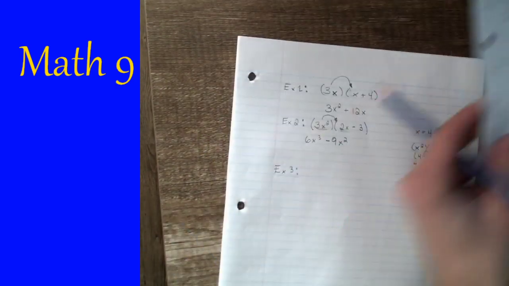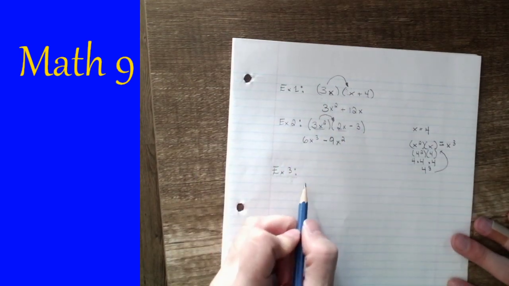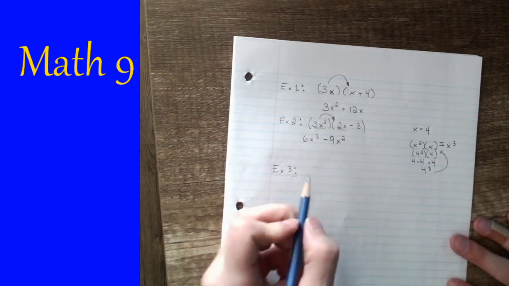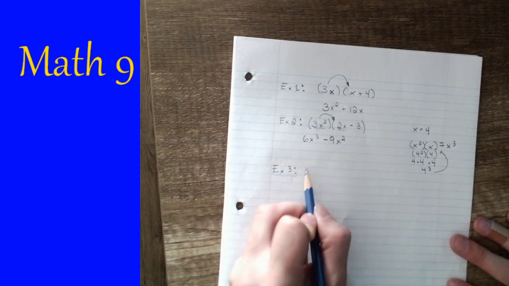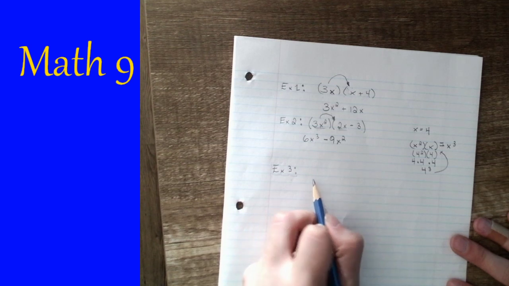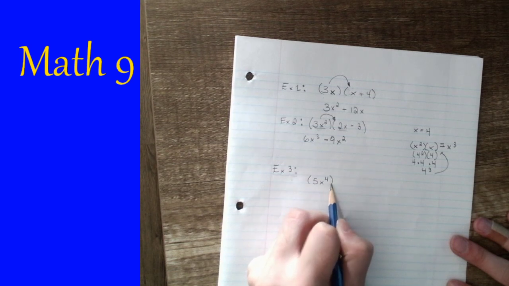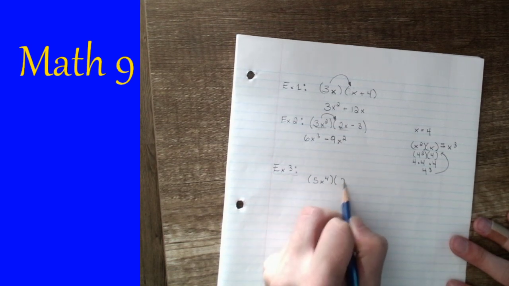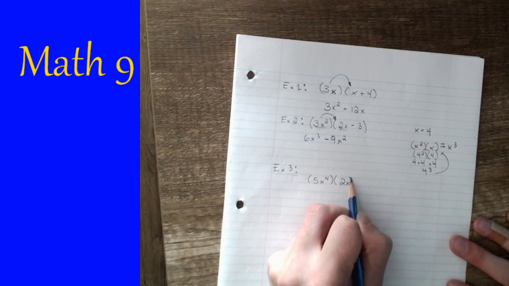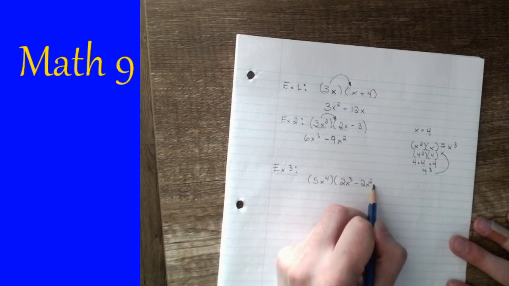Because now, since I hope we have a little bit of understanding, we can walk through how I would envision you interpreting these problems. So let's say I have 5x to the power 4 multiplied by 2x to the power of 3 minus 2x squared minus 3.